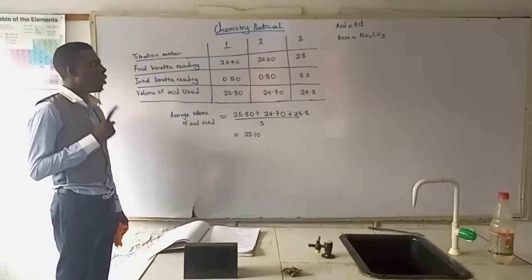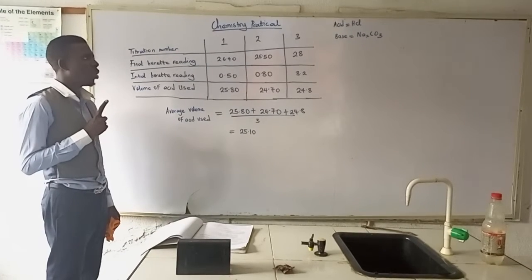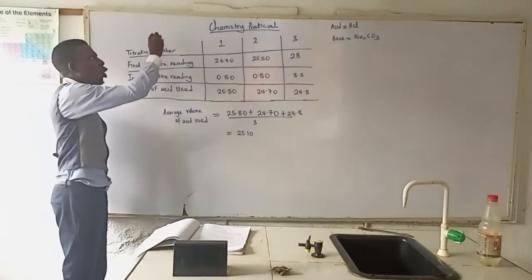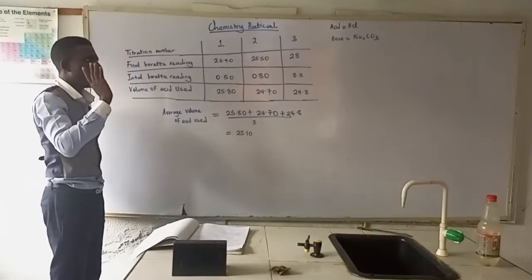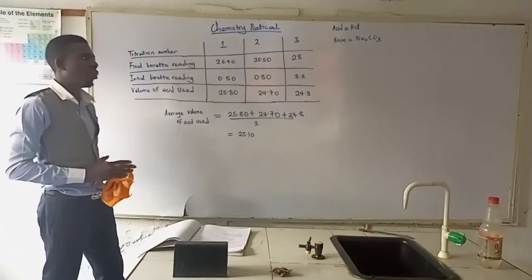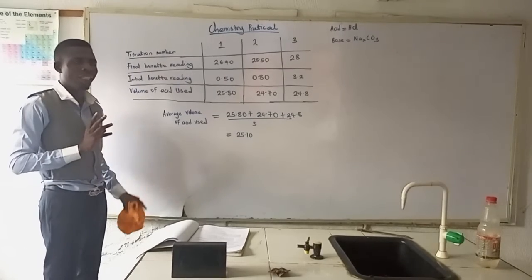Number one, the first error on this table is that the indicator used for this particular experiment was not specified. Remember that your titration experiment is an experiment that involves acid and base, and there is also the presence of an indicator.